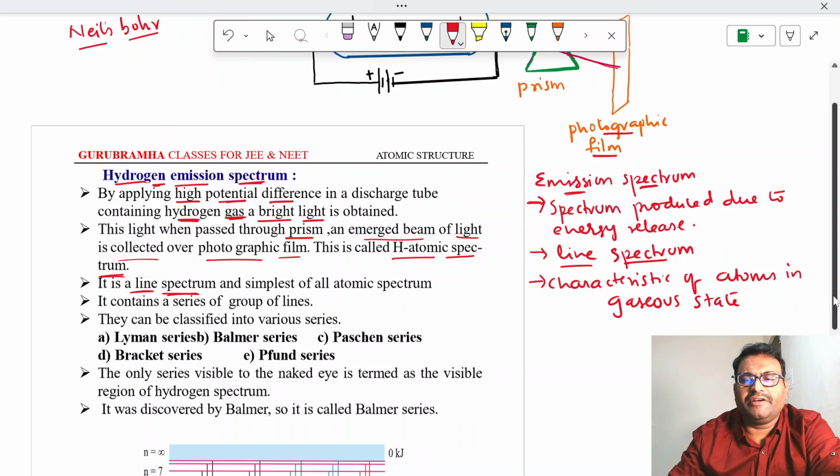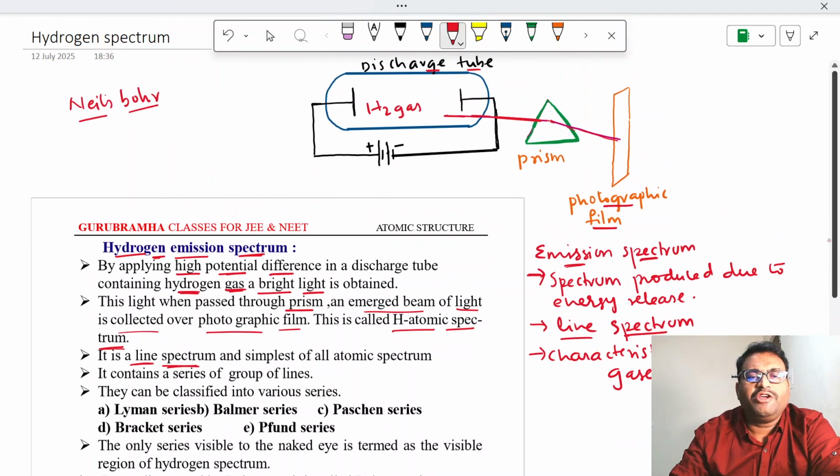So what has happened? When a very high potential difference is created, first of all, hydrogen gas, which is in the form of molecules, by using that energy gets converted into hydrogen atoms.